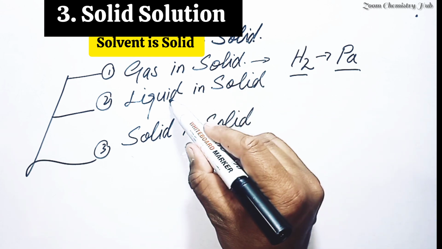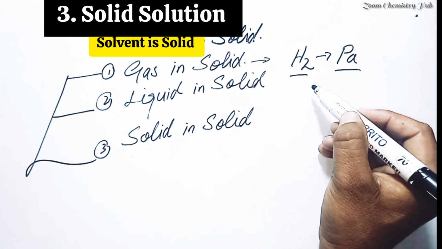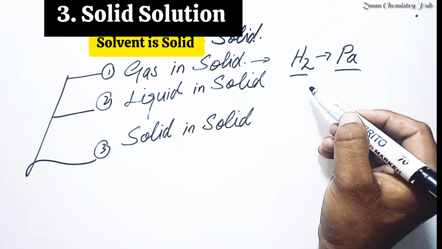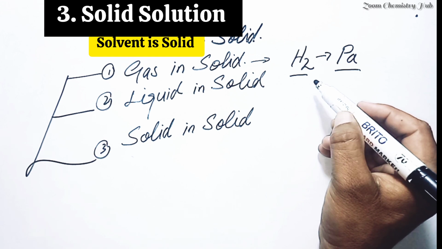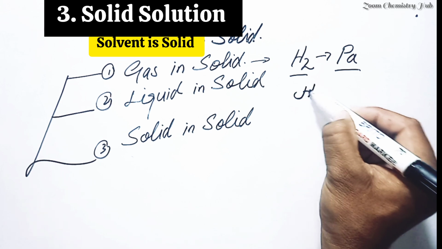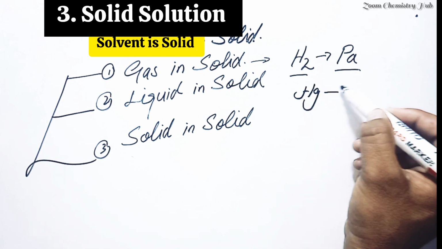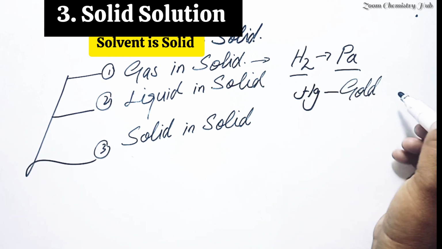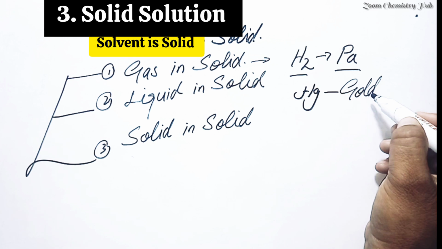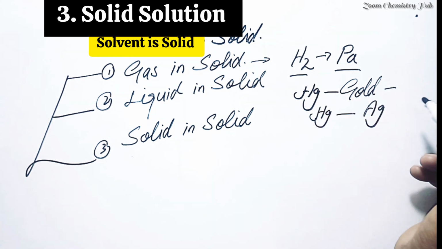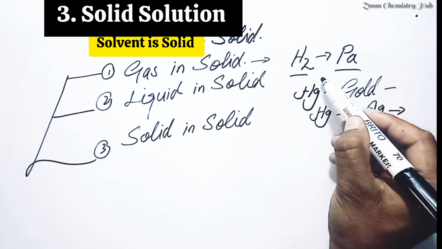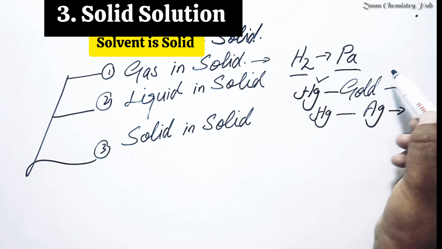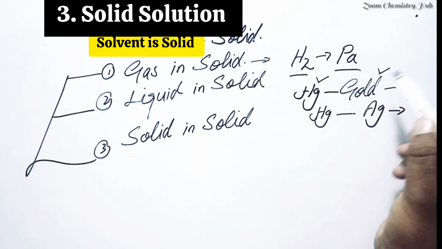Similarly, liquid in solid is the example of mercury amalgam, that is when mercury is mixed with gold, and this mixture is called amalgam. Here mercury is solute and gold is solvent.